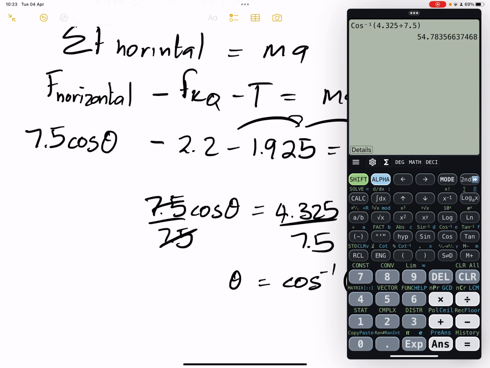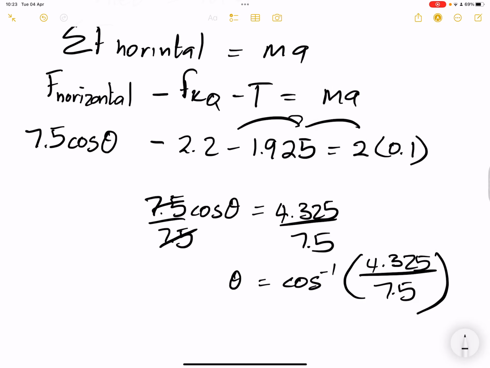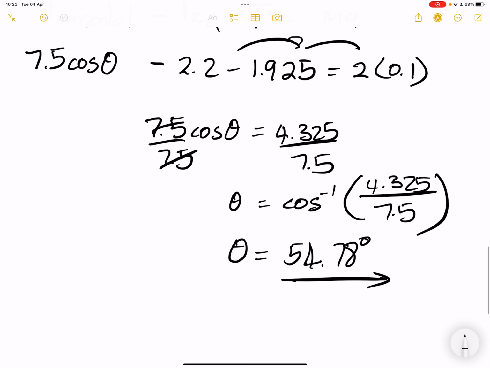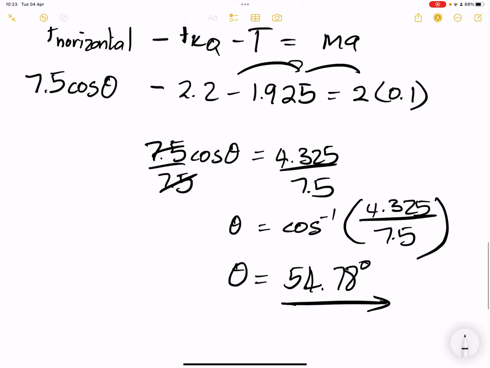Okay, so I get 54.78. You can get something close to that depending on how you round it off. So the angle theta is 54.78, and that's how the cookie crumbles, ladies and gents.